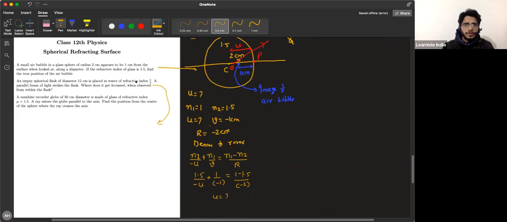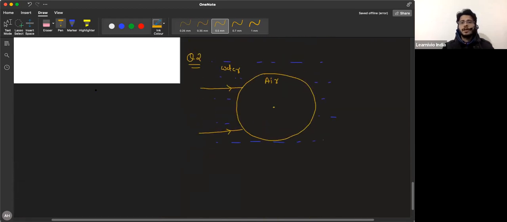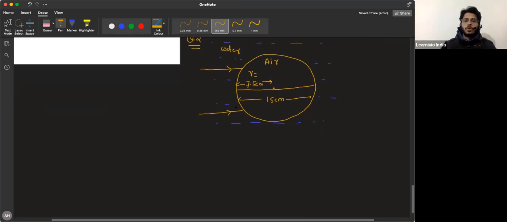The diameter of the flask is 15 centimeter, so the radius of the flask is 7.5 centimeter. So what we can do is, this is the refraction over the surface. Rays are coming from water to air. So refraction is, in this question also, from denser to rarer.